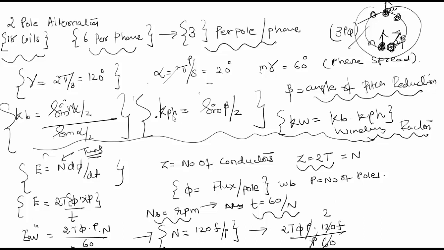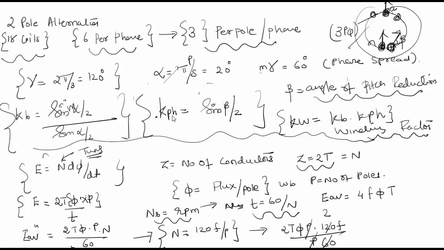So this will cancel and become equal to 2. So my E average, which is generated, is equal to 4 f phi t.